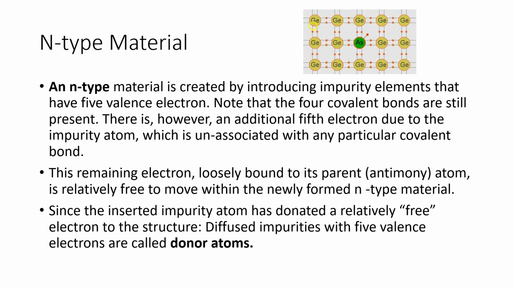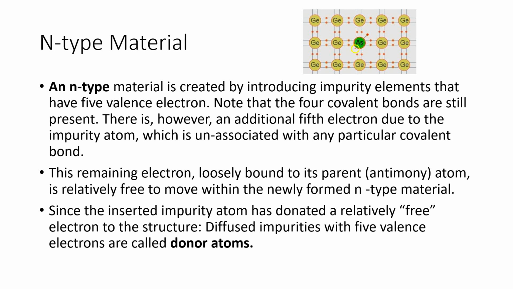Here we have a diagram showing germanium. Germanium is obviously in group 4, and you have a lattice of several germanium elements combining together to form covalent bonds between themselves. Now, if I were to kick out one of the germanium elements, then there will be a void.